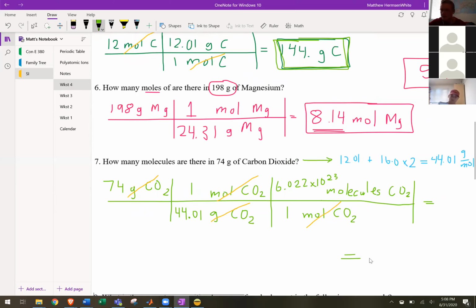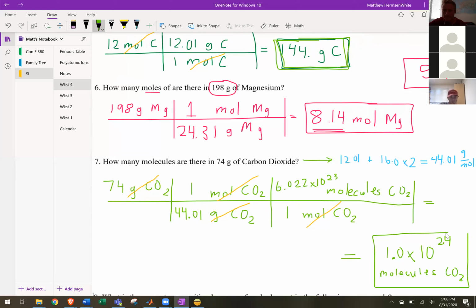And I get an answer of 1.0 times 10 to the 24 molecules of carbon dioxide. And just for sig figs, this one here has 2 sig figs. So this answer here should have 2 sig figs. 1.0 is 2 sig figs.